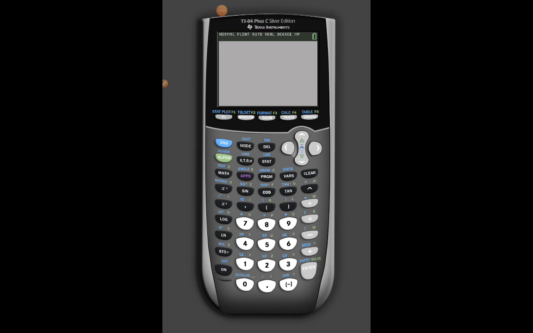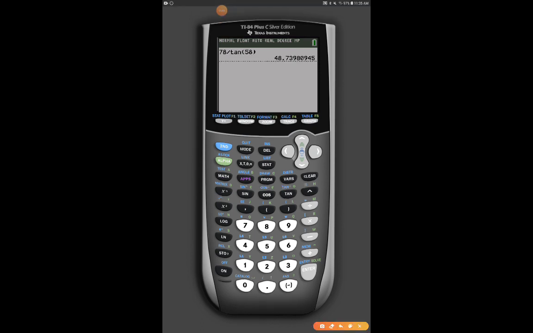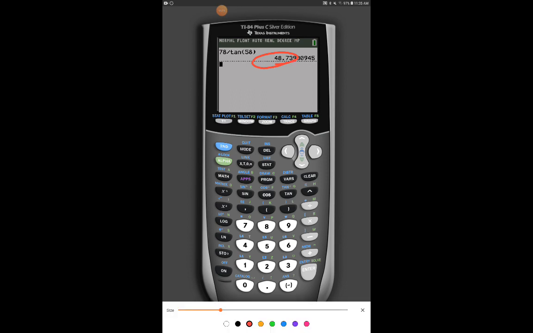All right? So we're going to do 78 divided by tangent of the angle, which was 58 degrees. And we get our answer of 48.73. Now it's asking us to round to the nearest tenth, which is 1 decimal place. So we're looking at these numbers. That 3 is going to tell the 7 to stay.